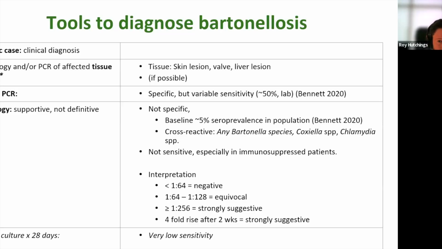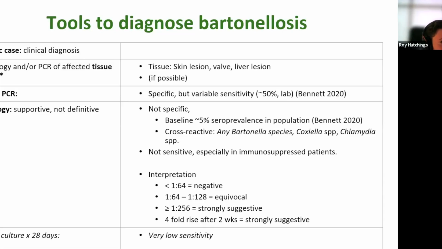So for example, serology tests are non-specific. There's a roughly 5%, depending on the population, baseline seroprevalence of Bartonella. There'll be many patients that simply have a history of Bartonella and show a positive serology, but may not represent the active infection going on.